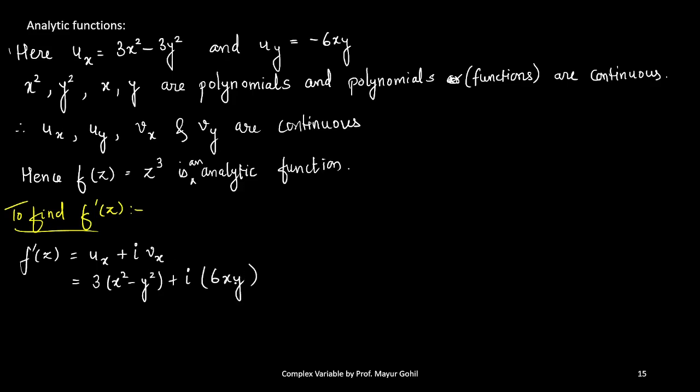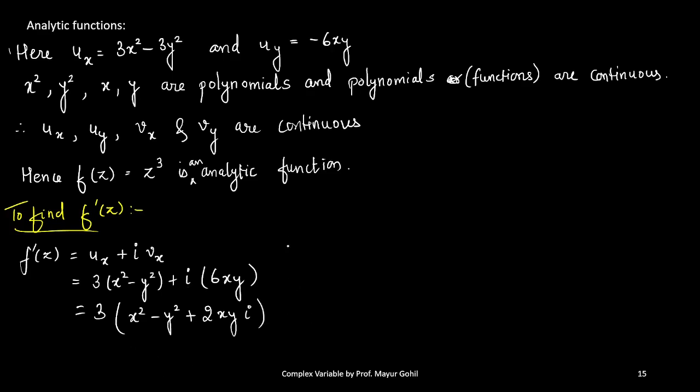This is the value of vx, okay, so vx is over here. Now we take 3 common. The moment I take 3 common, inside the bracket I am left with x square minus y square plus 2xy, and there is an i also from the term.